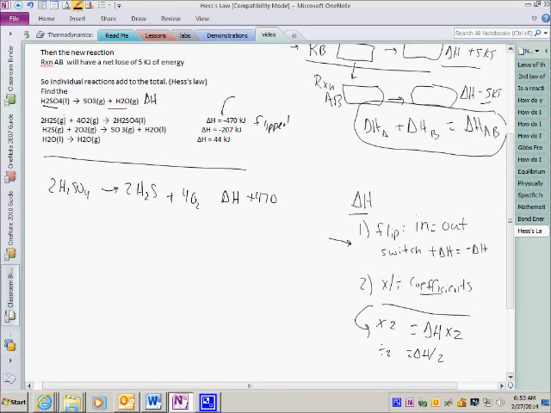Let's see what else we've got here. H2S isn't even in the overall reaction, so it's going to be an intermediate. The oxygen will cancel out as well. I expect these two things to cancel. The sulfur trioxide is on the right side, and the water's on the correct side.